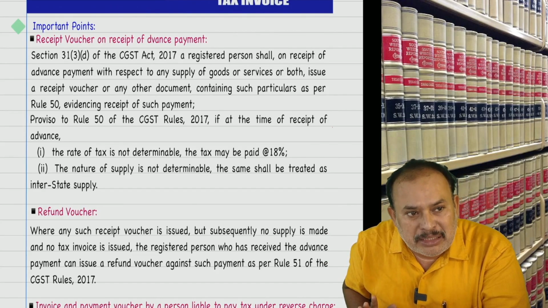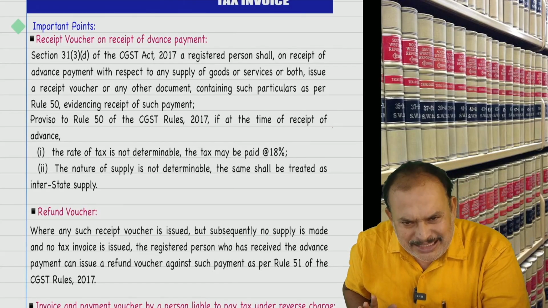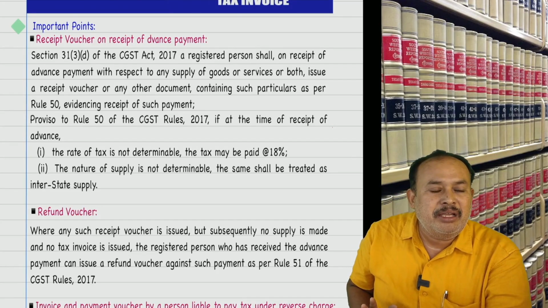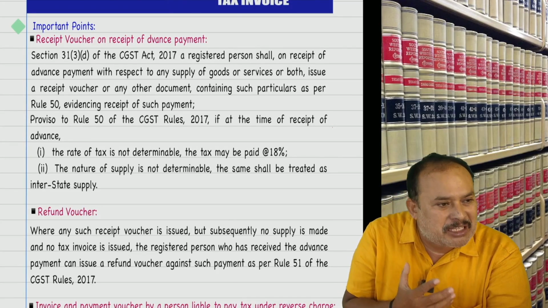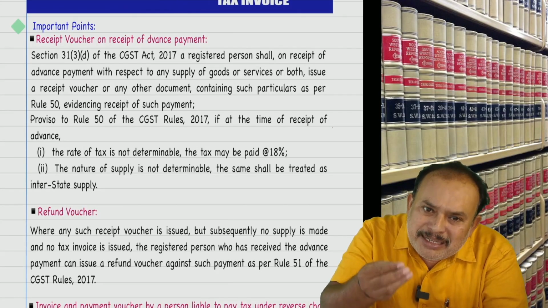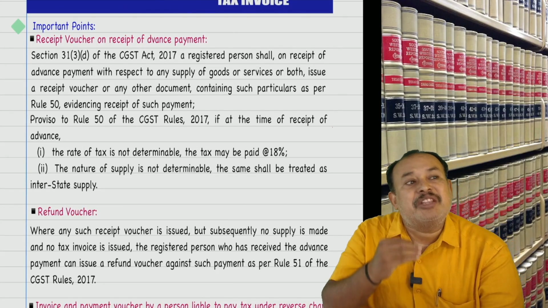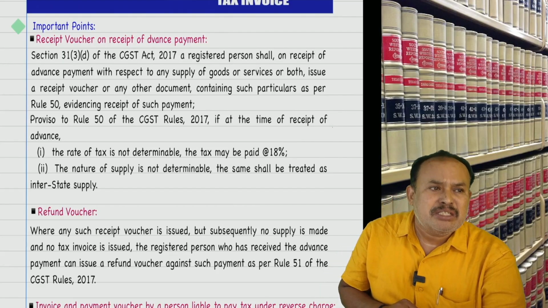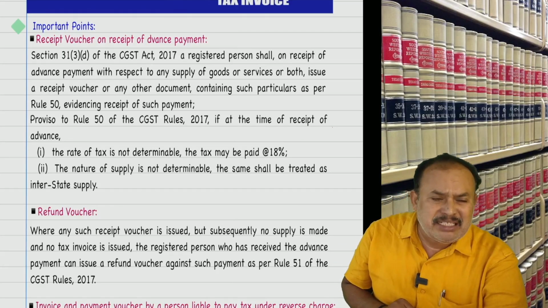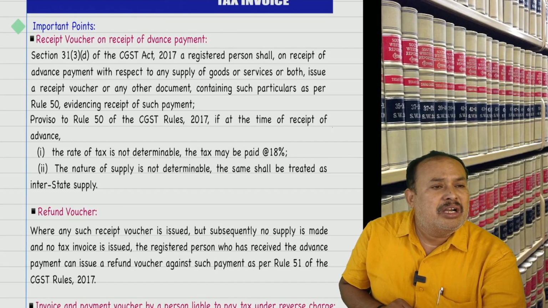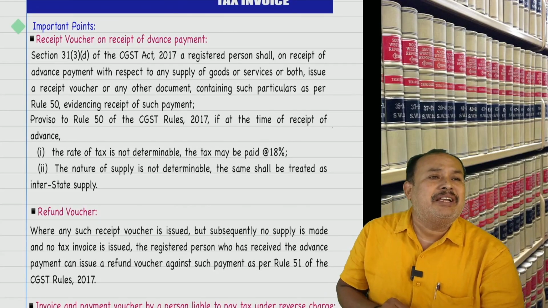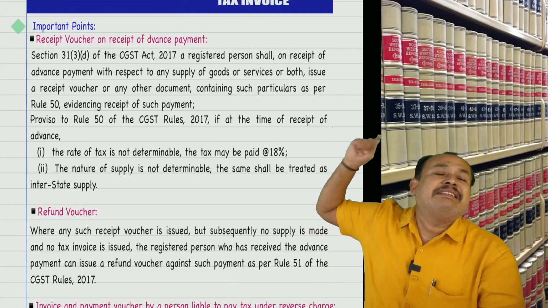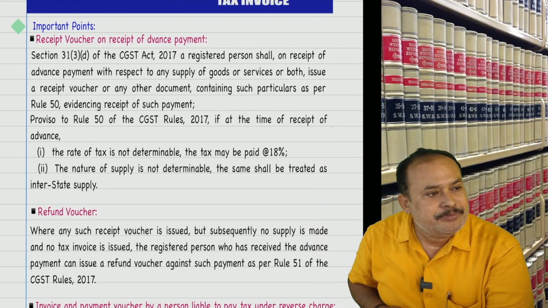Listen to me. A supplier of service receives the payment in advance. Bharatwaj Institute receives the payment from CMA and CS students in the month of April 2025, for which they are going to provide the services in January 2026.